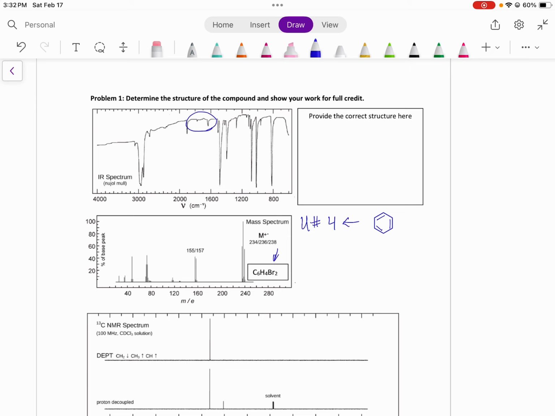There are some little overtones. Likely attributed there.